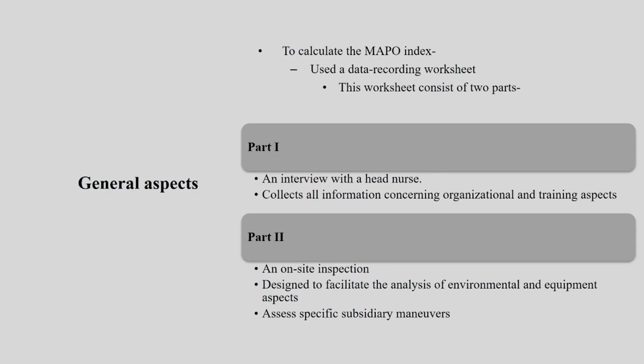Part 1 will contain the interview with a head nurse and collects all information concerning the organizational and training aspects. The second part of the form is an on-site inspection, designed to facilitate the analysis of the environment and equipment aspects and assess the specific subsidiary maneuvers. So, these are the two major parts available in that worksheet. We are going to discuss that worksheet in the next slides.